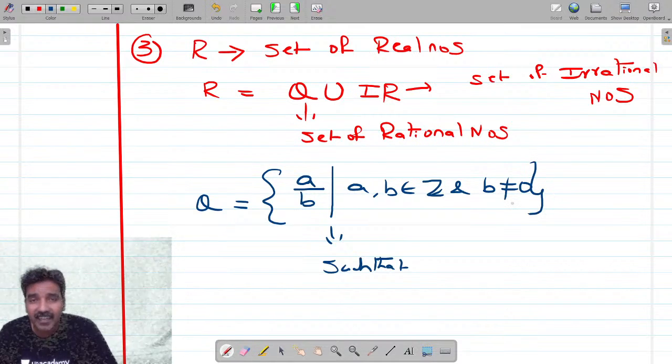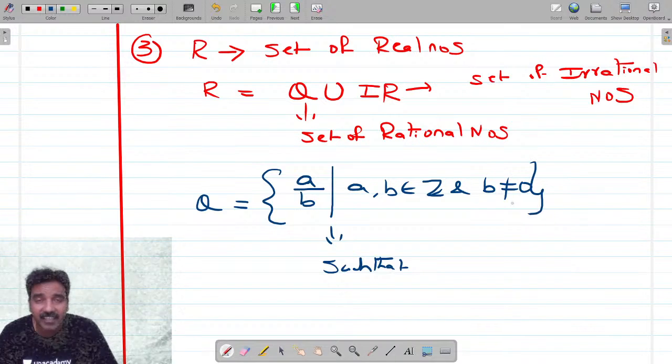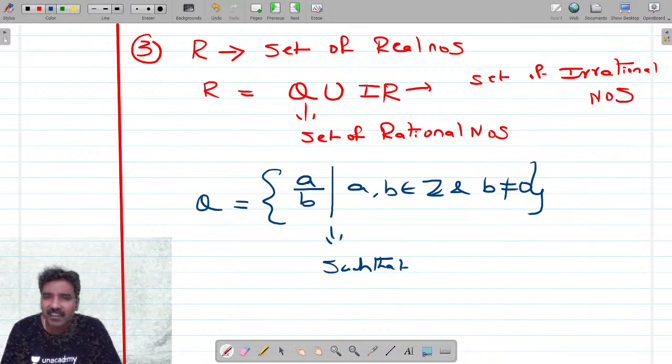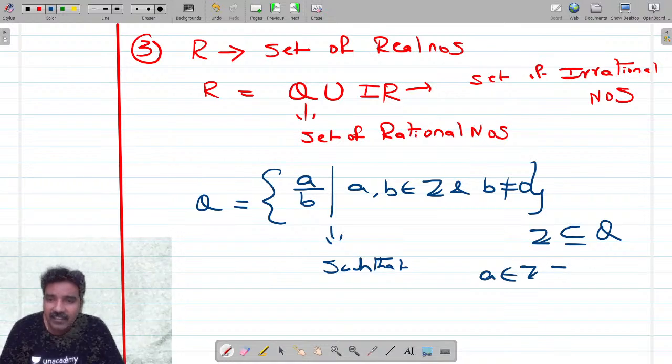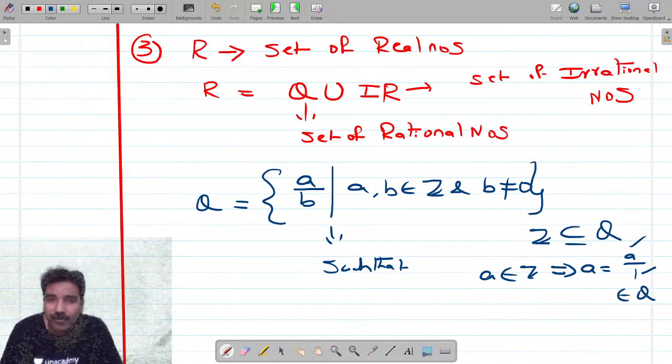So when you take any number that is integer divided by integer, where the denominator is not equal to 0, such a number is called a rational number. It means that every integer is a rational number. Very simple. Suppose a is an integer value, so a can be written as a divided by 1. The denominator is not equal to 0. This is an integer, this is a non-zero integer, so it belongs to Q.